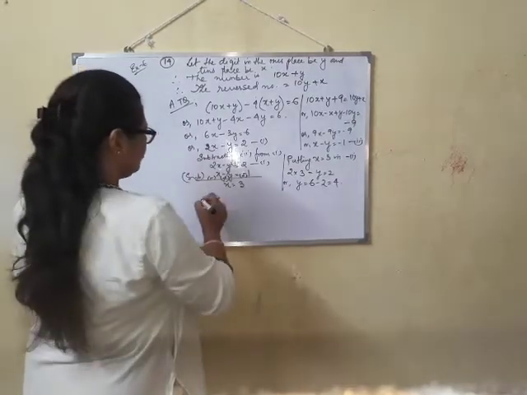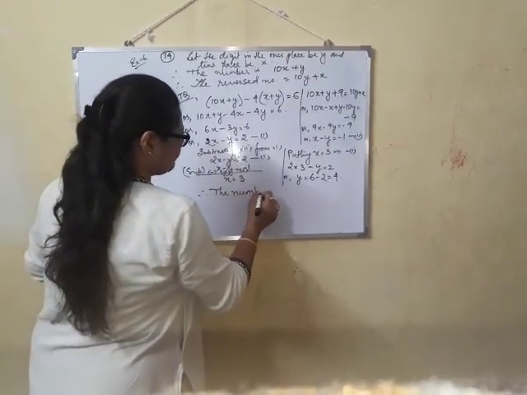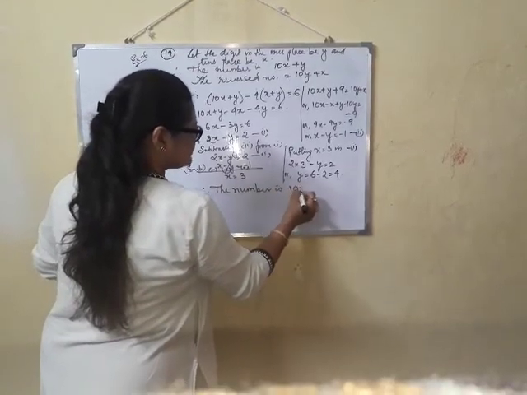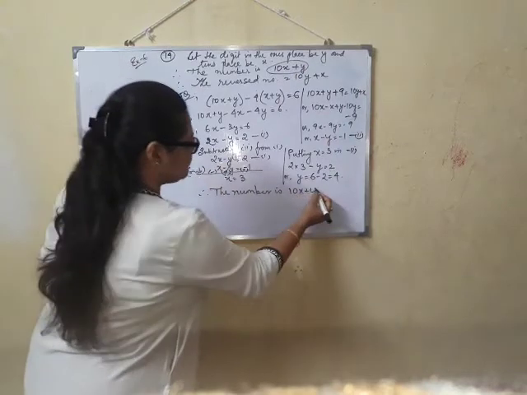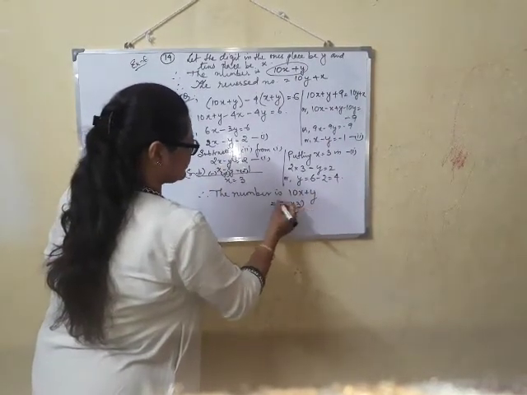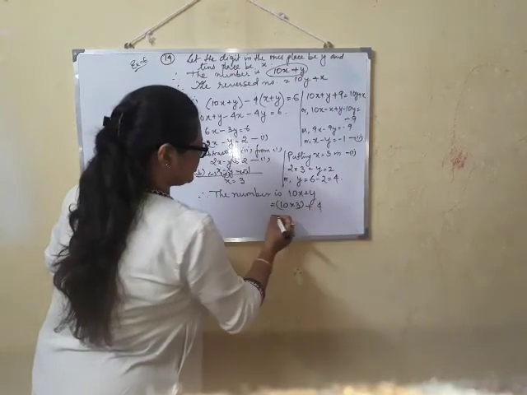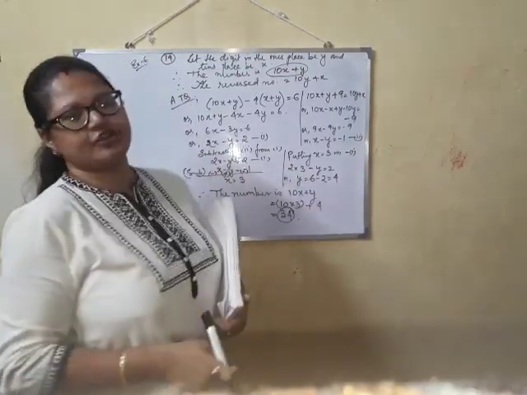Alright, so what will be the number? Therefore, the number is 10x plus y. So it becomes 10 into 3 plus 4. That means 34 is our number which is required.